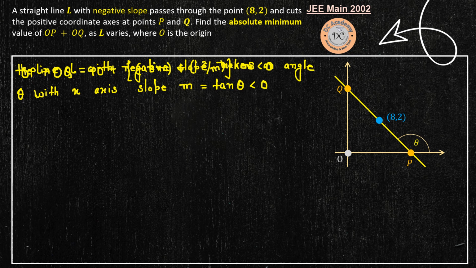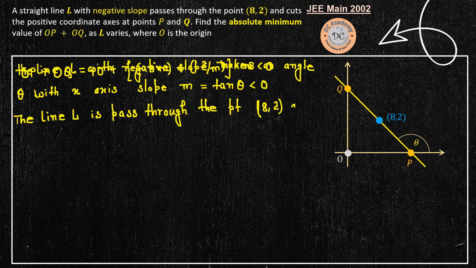Now, therefore, we can find the equation of the line L. The line L is passing through the point A(2, 8) and having slope m.